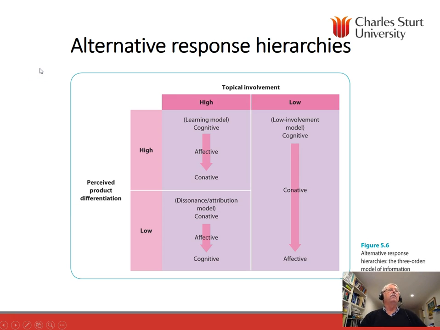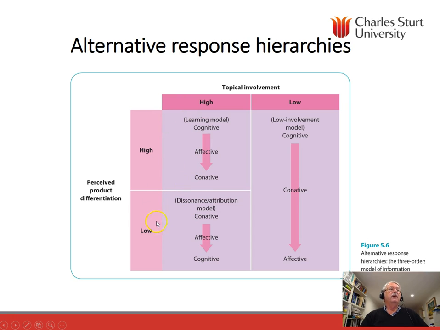There are different kinds of alternative response models. So here in this chart, we look at the idea of the level of involvement versus the level of perceived product differentiation. So when you have high involvement and high product differentiation, basically you can use a traditional model such as get people to think about the product, develop strategies to get them to feel better about the product, and then the conative side is to behave in the way that you want.